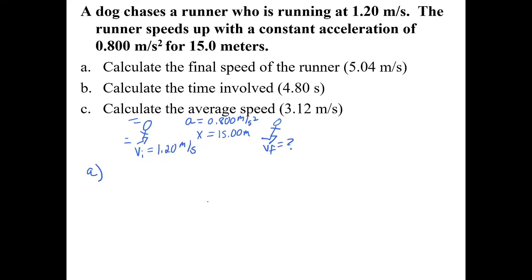Part A asks us to calculate the final speed of the runner. We don't yet know the time. We will later. So let's see what we can do with the algebra. I use the time independent. Let's get rid of the fraction. Let's multiply both sides by 2x.